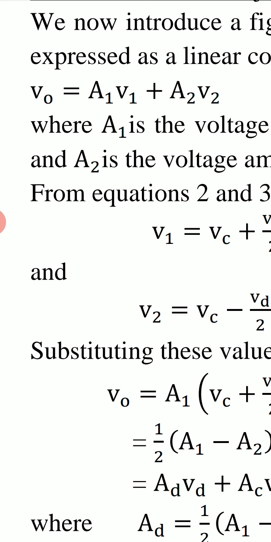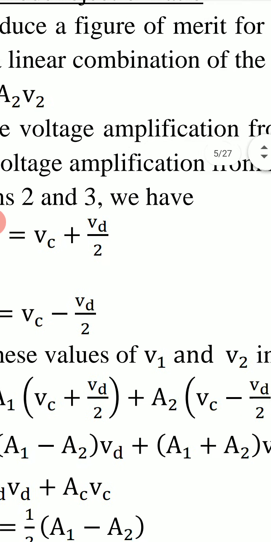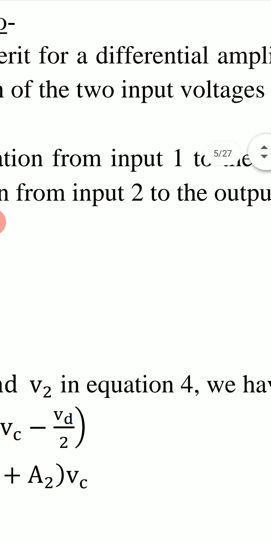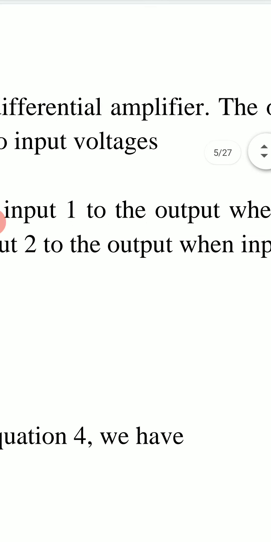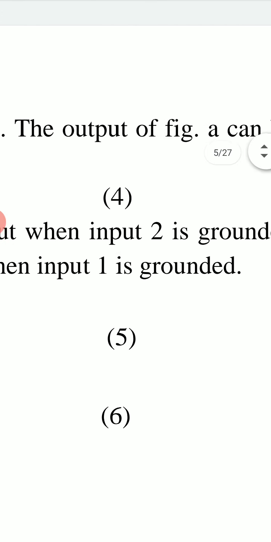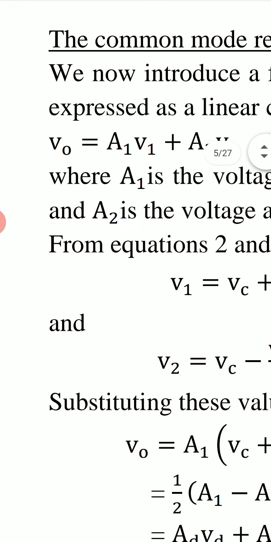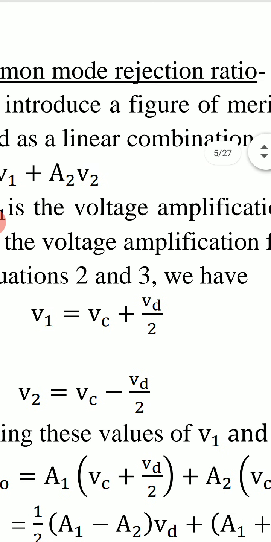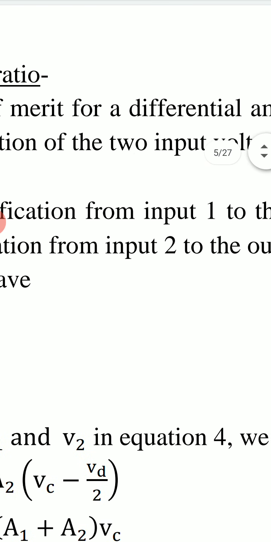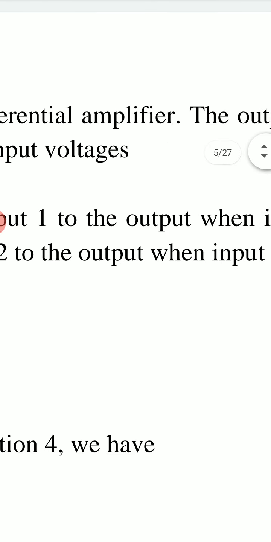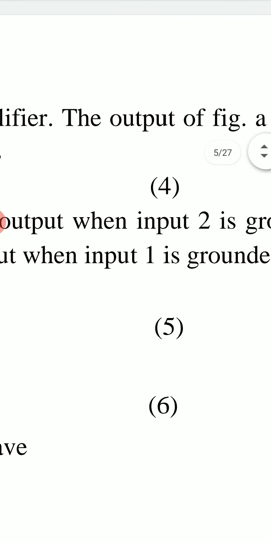So output voltage VO is equal to A1 V1 plus A2 V2. Here A1 is the voltage amplification from input 1 to the output when input 2 is grounded, and A2 is the voltage amplification from input 2 to the output when input 1 is grounded.